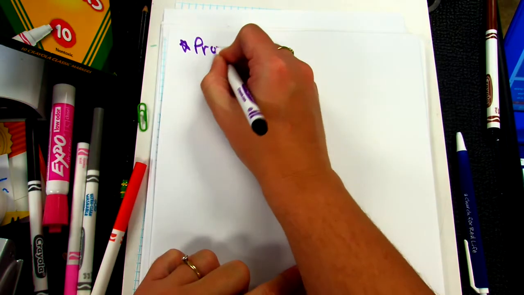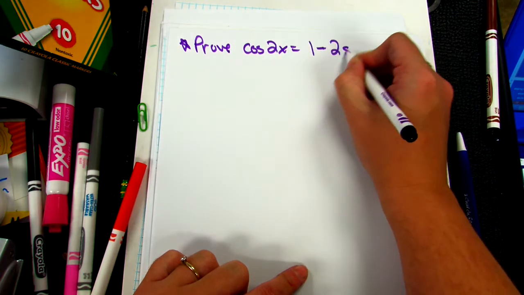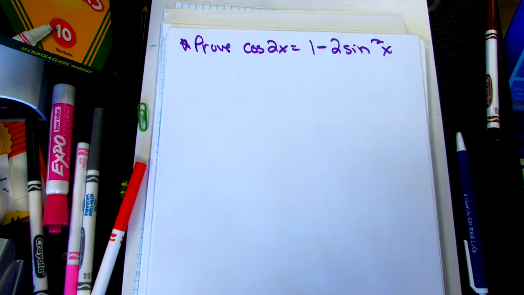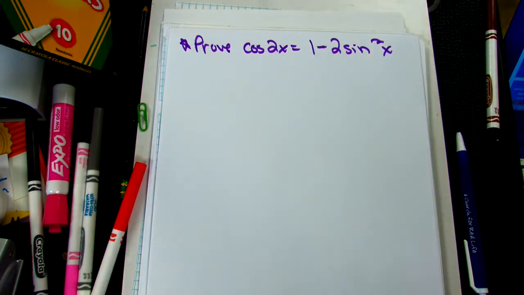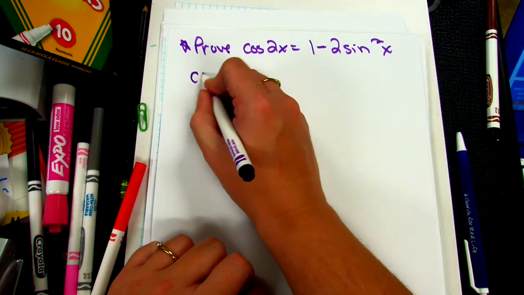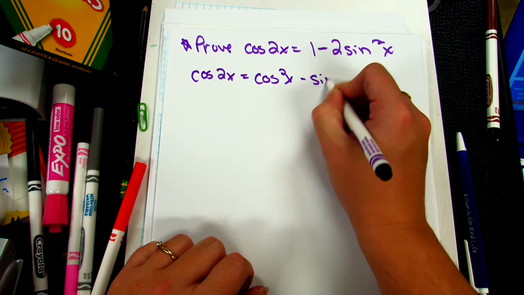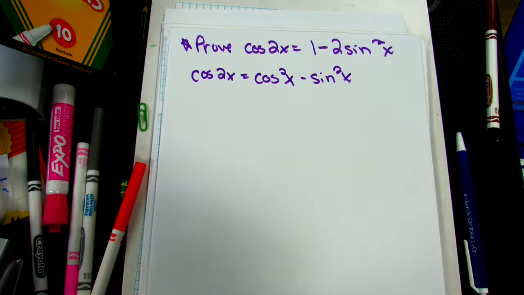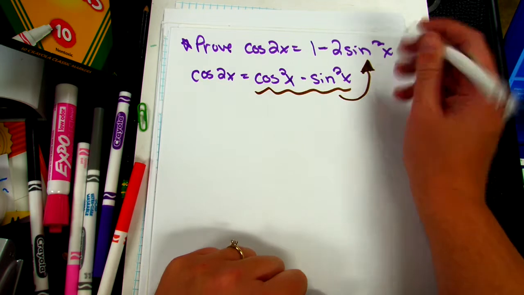We want to prove that cosine 2x is equal to 1 minus 2 sine squared x. Again, that was one of the double angle identities that we claimed. We're going to start with what we know: cosine 2x is equal to cosine squared x minus sine squared x. We somehow want to turn this into that, so we want to manipulate it.